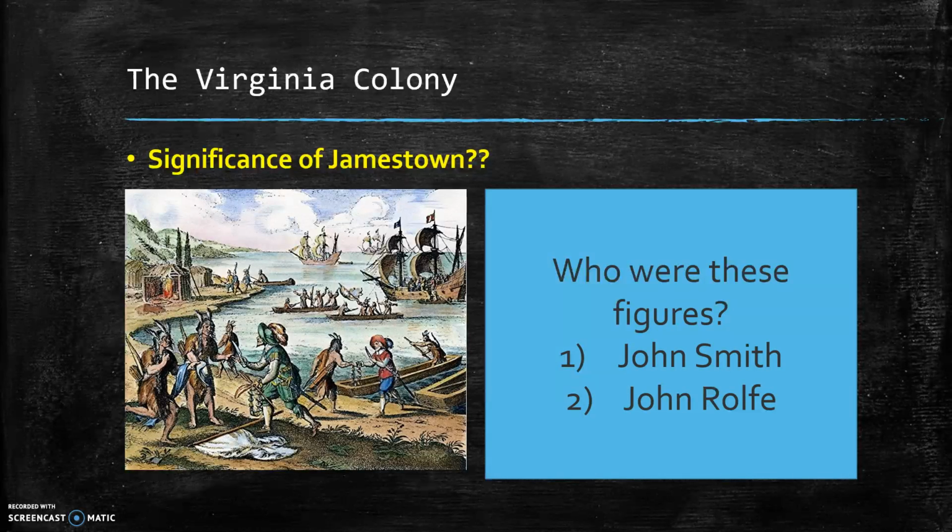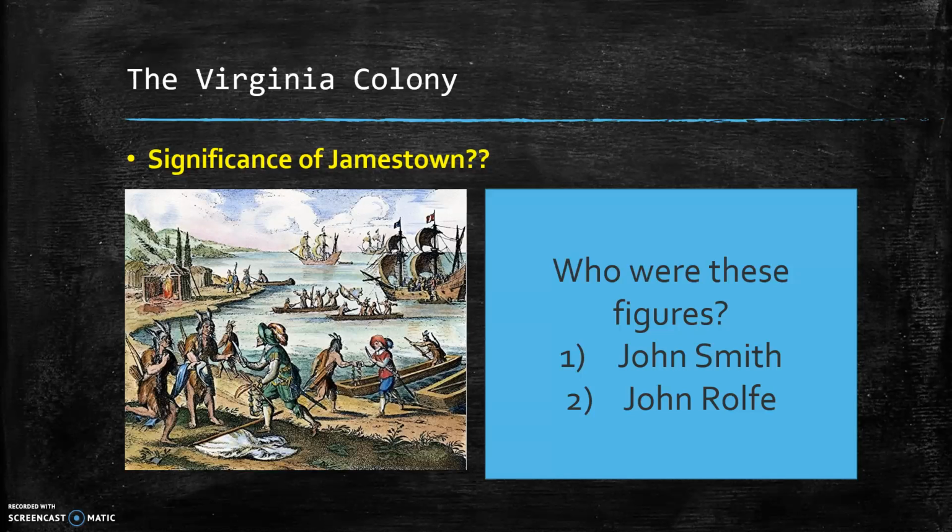What is the significance of Jamestown? Jamestown was a colony in Virginia, and the main goal of the colonists who came to Virginia was to find gold. But when they came here, to their surprise, there was no gold, and they spent so many resources on finding gold that they didn't even focus on farming.